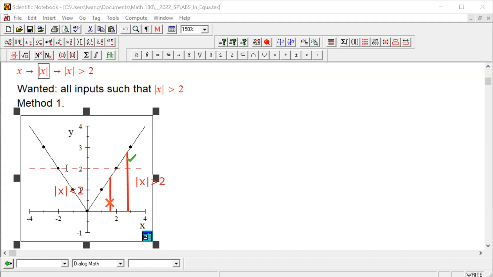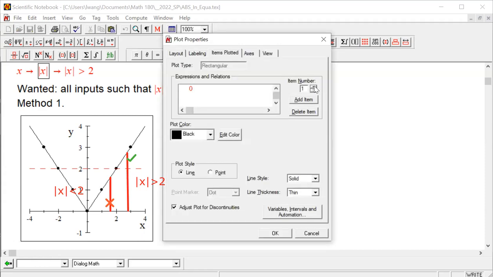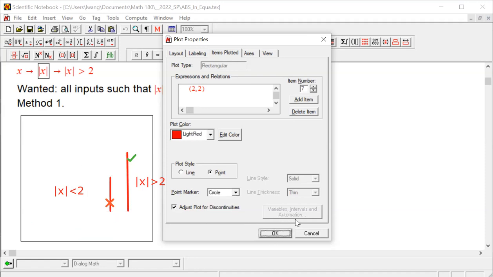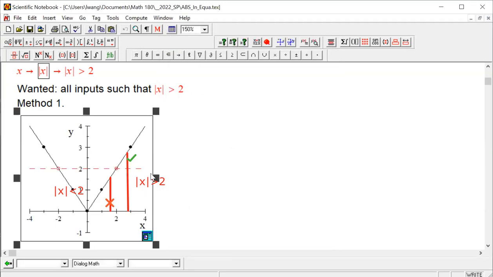Right? So these 2 dots here, we're going to turn them into circles. Okay, so let me find those dots. Okay, we're going to turn them into circles. There you go. Okay, so we can see all the inputs such that the output is higher than 2.